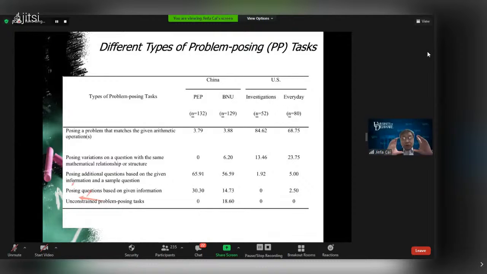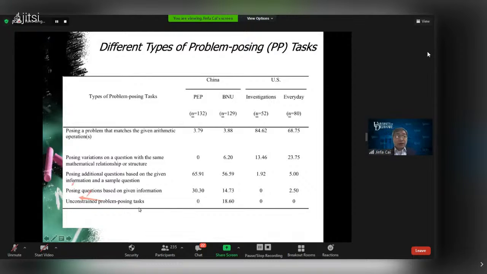Give a situation and a sample problem, then ask, can you pose other problems? But for this third category, the mathematical structure or relationships do not have to be the same. They could be different. But in the second type, the mathematical relationships or structure should be the same as the problem already given to them.